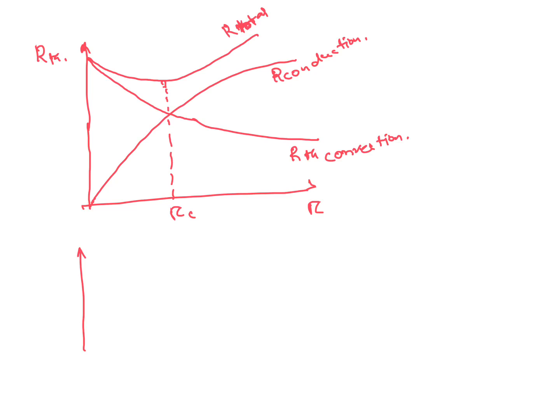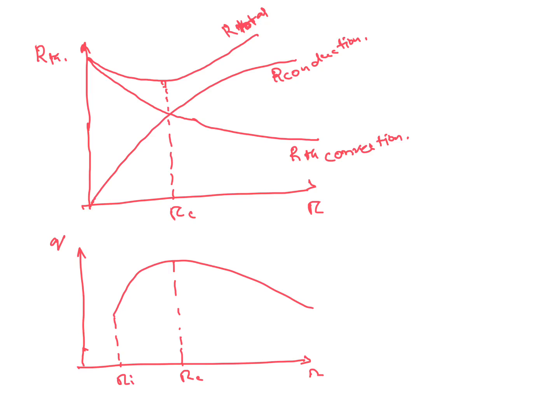So the same I am doing again, Q by R, this is RC, RI, Q maximum. Both graphs are important.